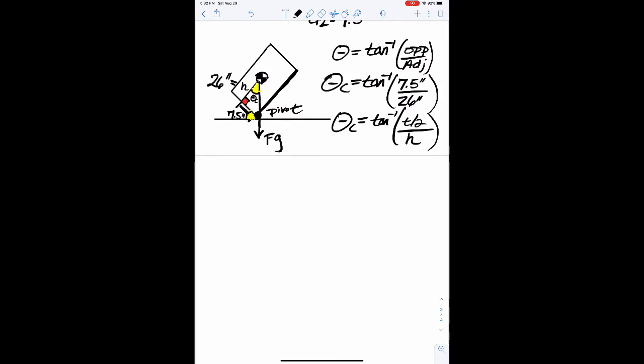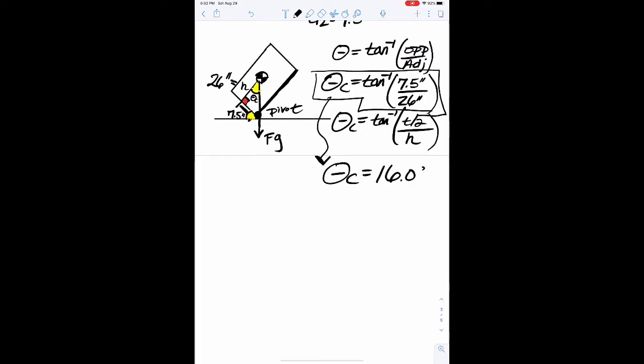Then we plug this in our calculator, and I don't have my calculator with me, so you have to take my word for it that this is equal to 16.09 degrees for theta critical.